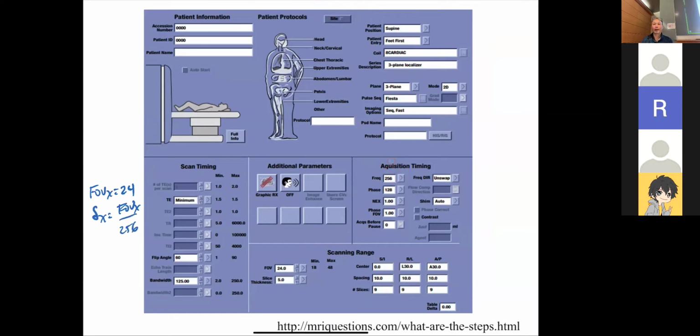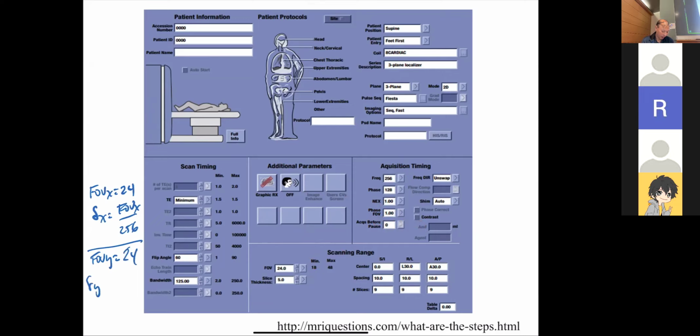Behind the scenes, the software is just calculating the delta K and the width based on these parameters. Now, field of view of Y, the way they specified it, is 1, a factor that you multiply the field of view of X by. So 1 times 24 just gives me 24.